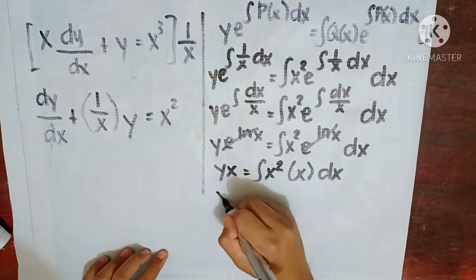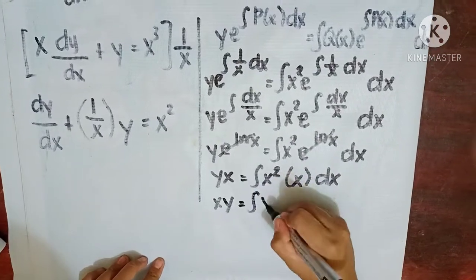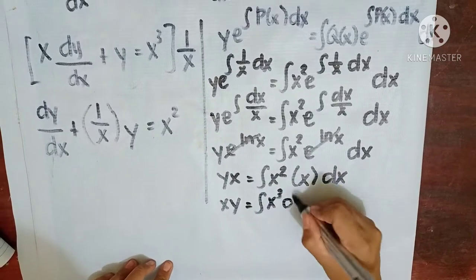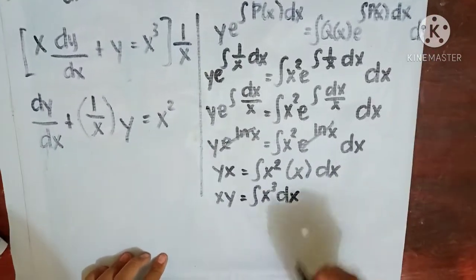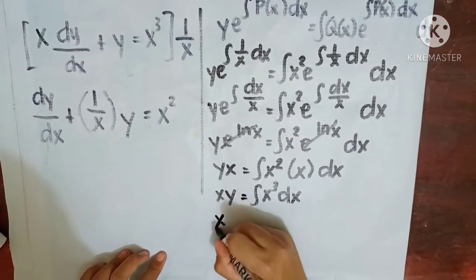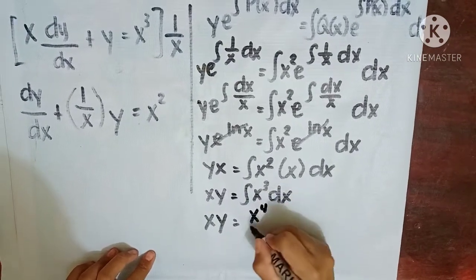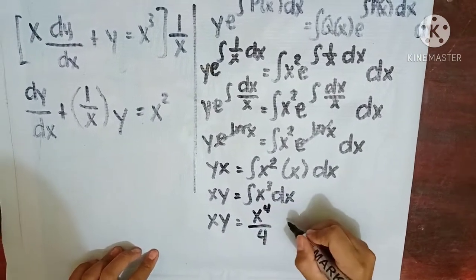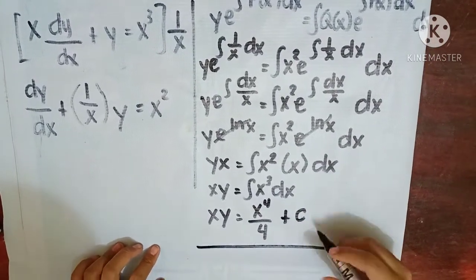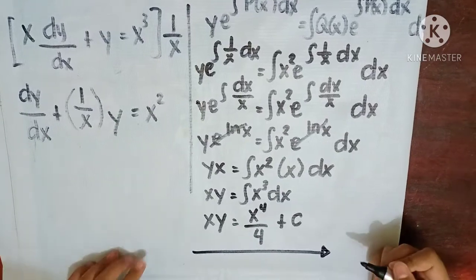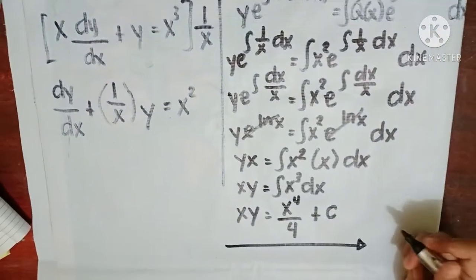So this becomes xy equals the integral of x cubed dx. We now integrate this one. We have xy equals x raised to the power of 4 over 4 plus c. This is now our answer to the given linear differential equation.